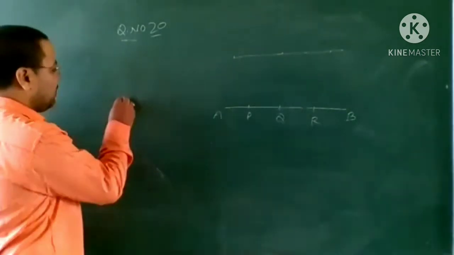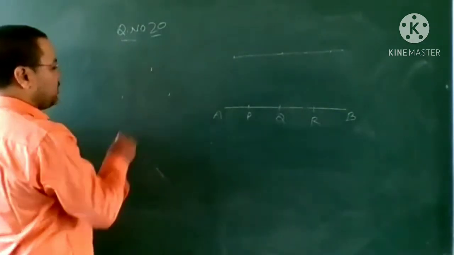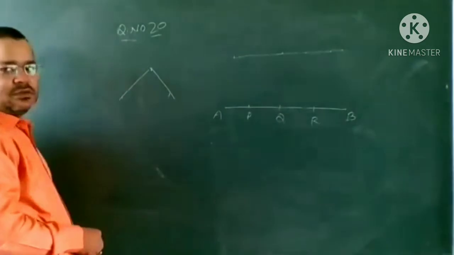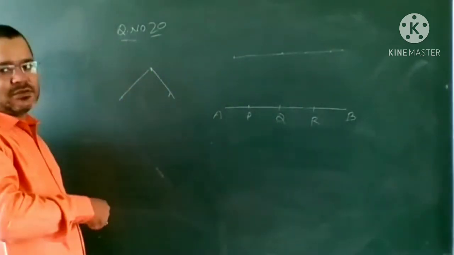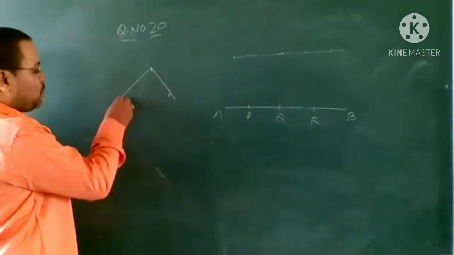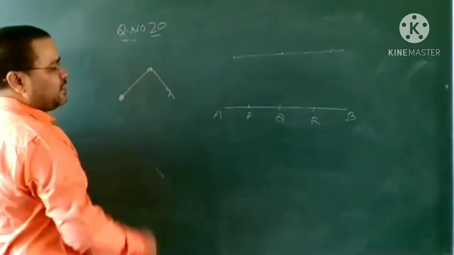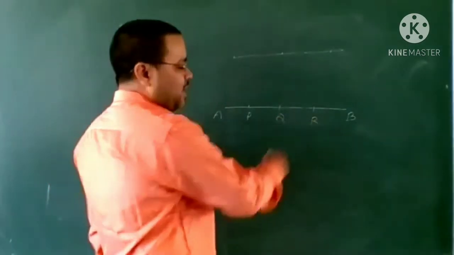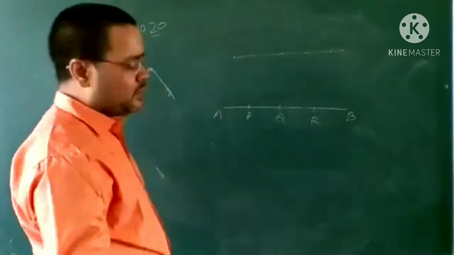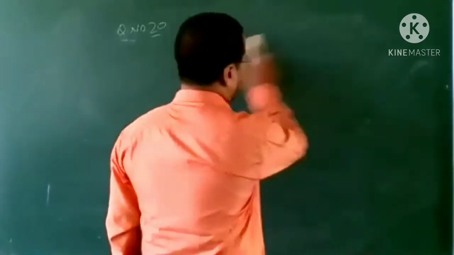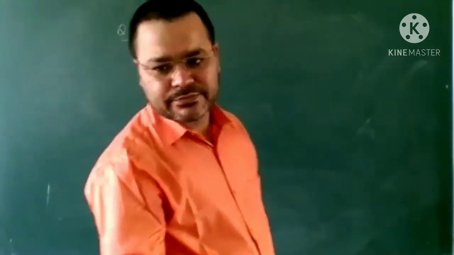But if we have 3 points through which one line cannot be passed, they are not collinear, but here P, Q, R are collinear. Then how do we solve this question?